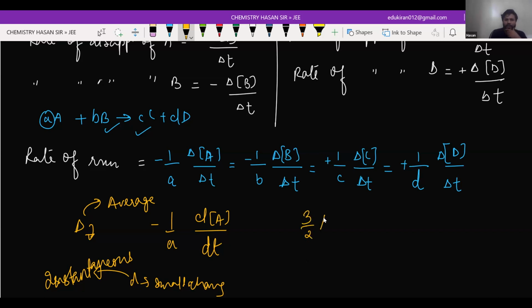So if someone is going to give you 3/2 A plus 5B, giving you 1/2 C plus, let's say, 2D. So what will be the rate of reaction?